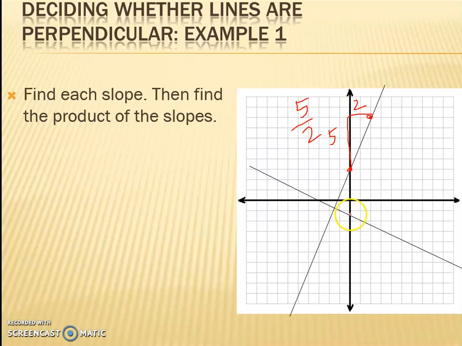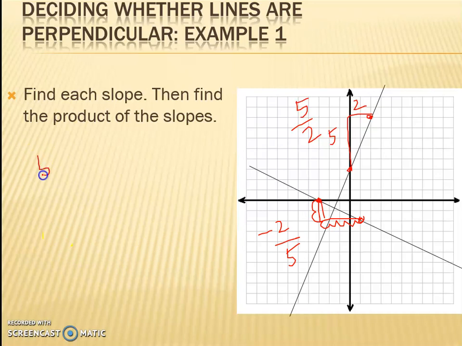And then we're going to pick another point for this line, and then we're going to go down 2 to the right. Pick this one. So -2 over 1, 2, 3, 4, 5. So that's -2 over 5.